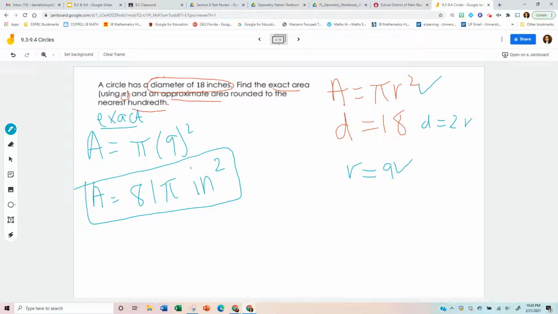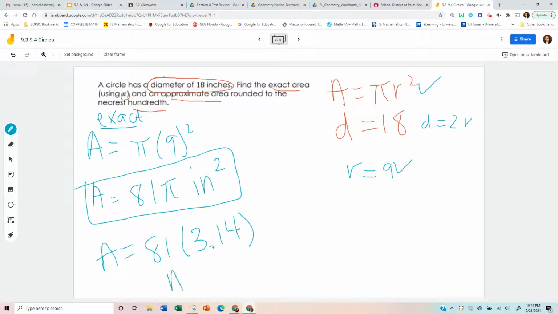Now, for an approximate area, we're going to use 3.14, right? So for the approximate, I'm going to do area is 81 times 3.14, because I'm going to replace pi with 3.14 and see what I get. I definitely am going to use a calculator for that because I can't do it off the top of my head.